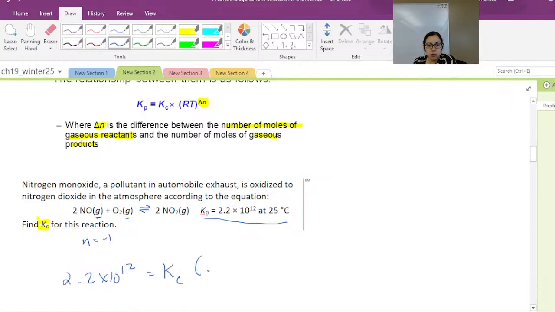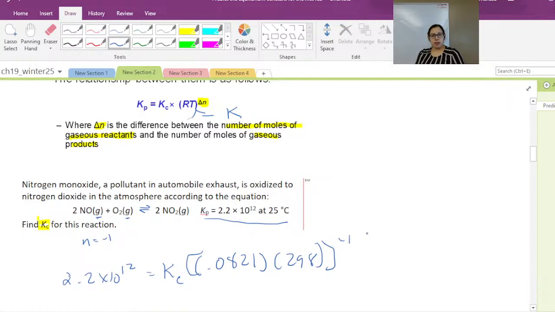We're not in joules, so it's 0.0821 for our atm, liters, Kelvin, all that, times T. Don't forget that T should be in Kelvin, so 298, and all of this to the -1.